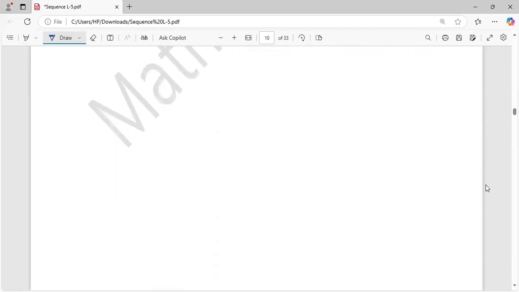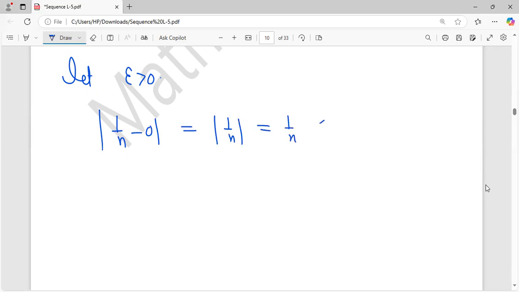So what I will do: let epsilon be greater than 0. Now |1/n minus 0| is equal to 1/n, because n is a natural number. So I want to make it less than epsilon.